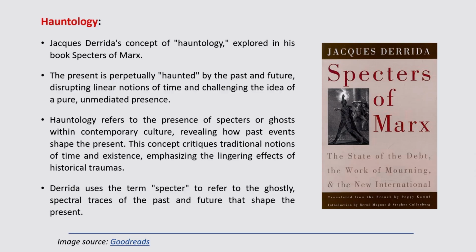It's a portmanteau of haunting and ontology, highlighting how the ghosts of the past and the specters of the future shape our understanding of being and existence. Derrida thus uses hauntology to challenge the traditional philosophical concept of ontology, which means being, existence, real, or present.